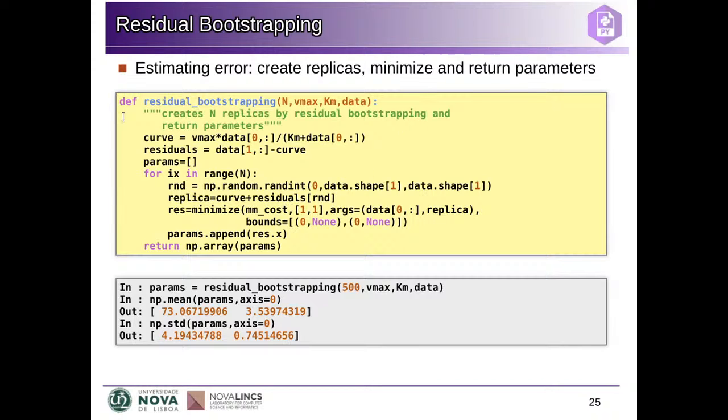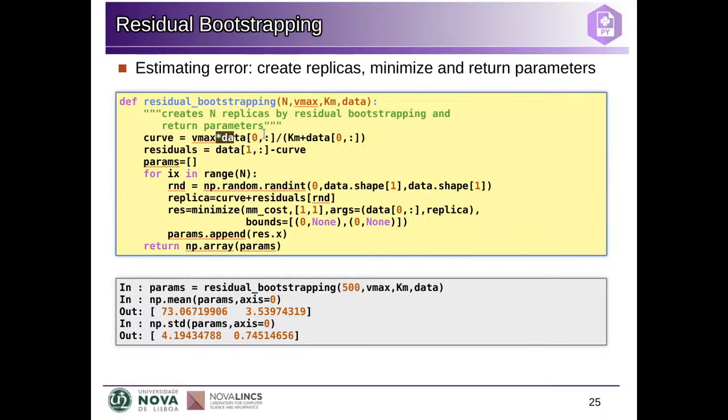So this is the code for residual bootstrapping. We have the number of replicas here, and the initial parameters for our curve, Vmax and Km. So this is the best model with the initial data that we used. Now we're going to create our predictions. The curve that serves as the baseline is using these parameters with the values of substrate concentration in our data.